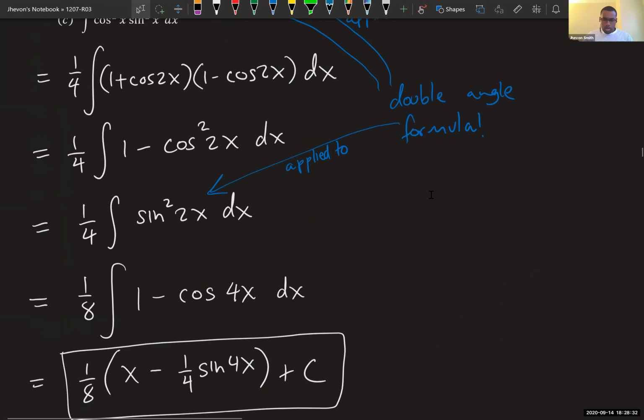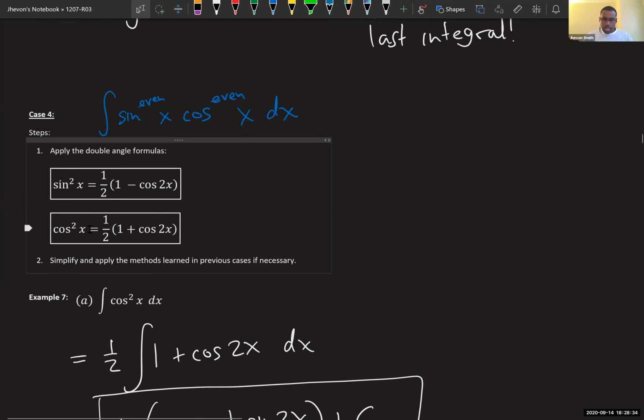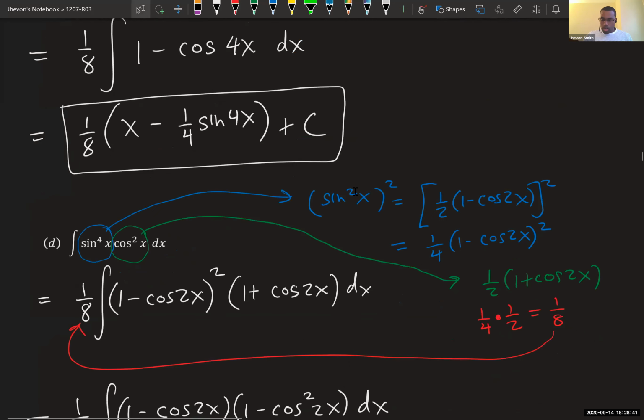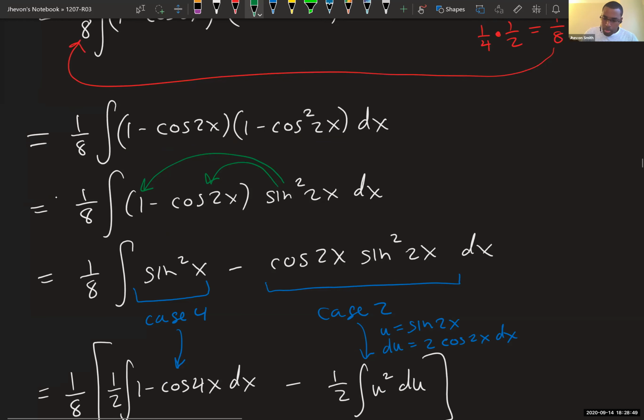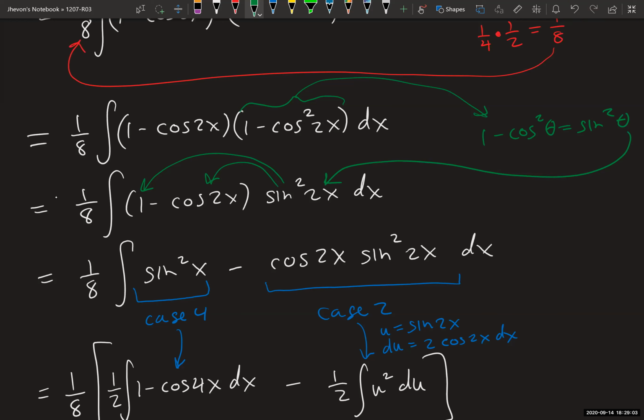No, the formula says if I'm changing a cosine squared, I can change it to this, or if I'm changing a sine squared, I can change it to that. What I want you to realize is that the change we made here was not a double angle formula. This part here is the Pythagorean identity: 1 minus cosine squared theta is sine squared theta. So I didn't apply a double angle formula here. I applied a Pythagorean identity. Oh, okay, that makes sense.